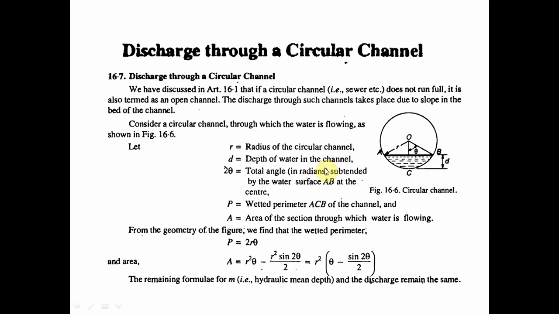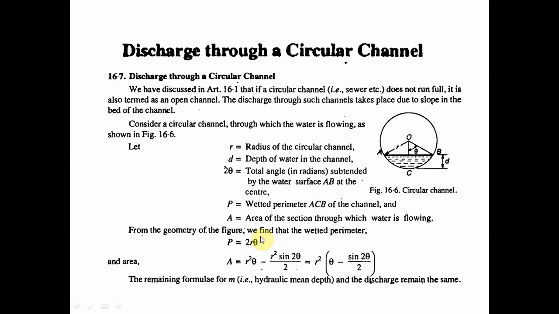D is the depth of water in the channel. Then 2 theta is the angle in radians subtended by the water surface AB at the center. And P is the wetted perimeter, that is ACB of the channel, and A is the area of cross section through which the water is flowing.